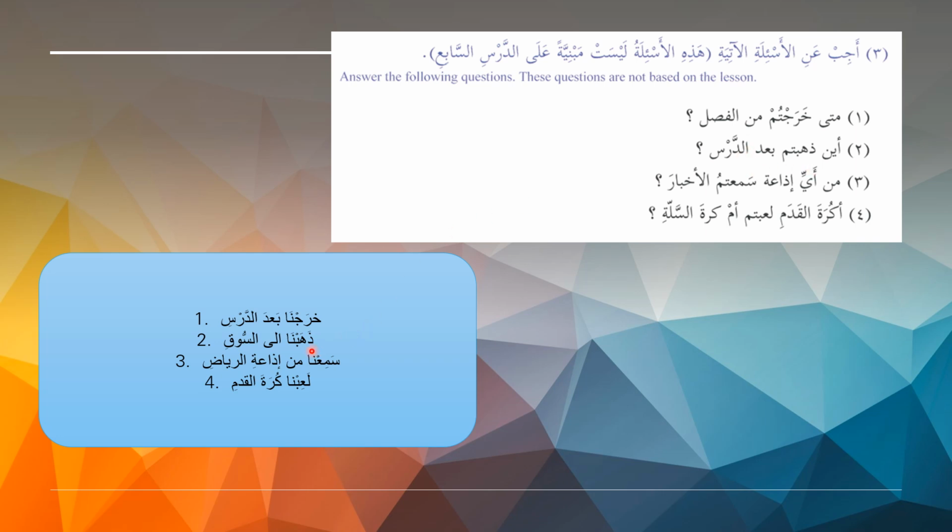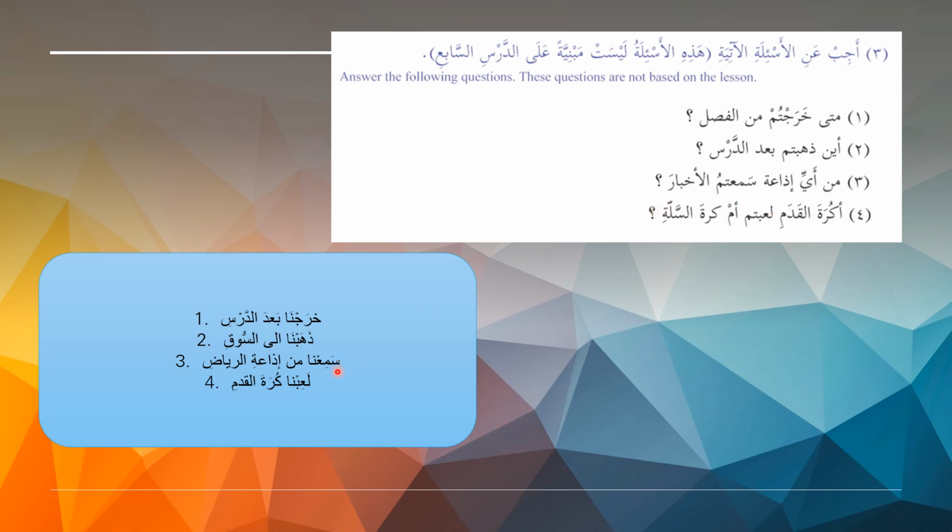So ذهبنا, keeping in mind that when plural people are answering, you are going to use the first group, المتكلم, for نحن. ذهبنا، نون الفاعلين، إلى السوق. We went to the souk after the lesson, and you can add ذهبنا إلى السوق بعد الدرس. Anything you can say. من أي إذاعة سمعتم الأخبار؟ From which radio did you hear the news? سمعنا.